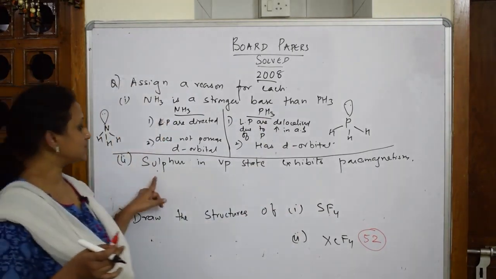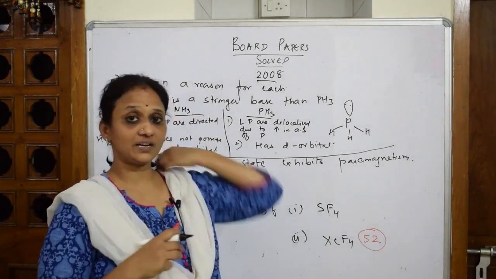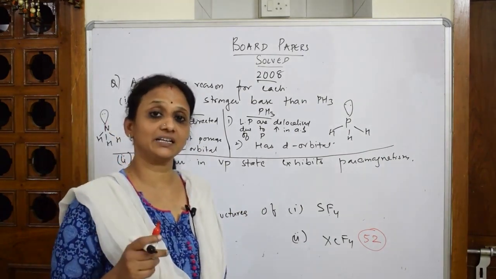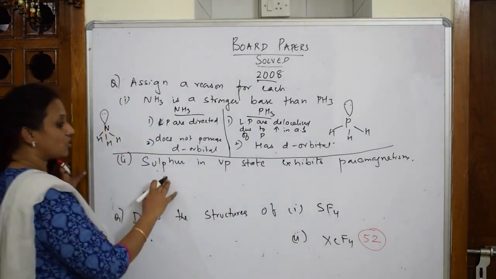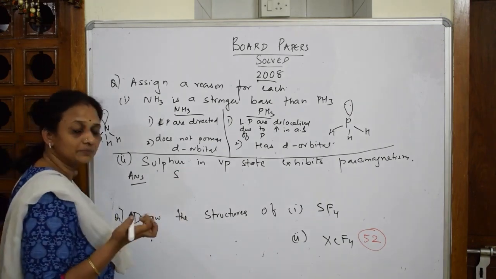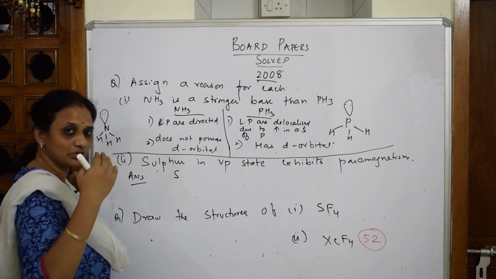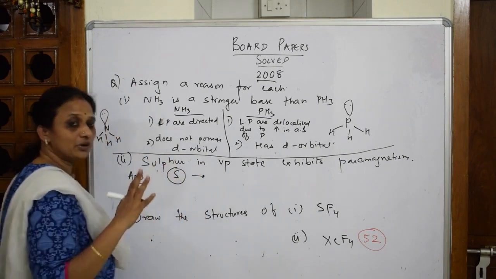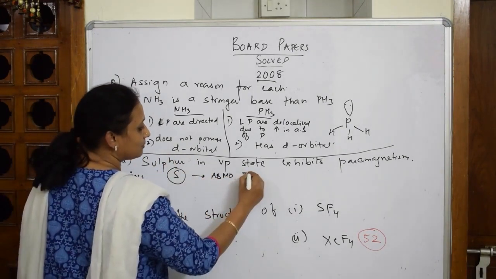Now here they've given me: sulfur in vapor state exhibits paramagnetism. I did one video showing why oxygen is paramagnetic in nature, please watch that. In the same way, just like oxygen, sulfur also, when you draw it according to molecular orbital theory, with bonding and anti-bonding molecular orbitals, you get an anti-bonding orbital, the ABMO, that is pi star.